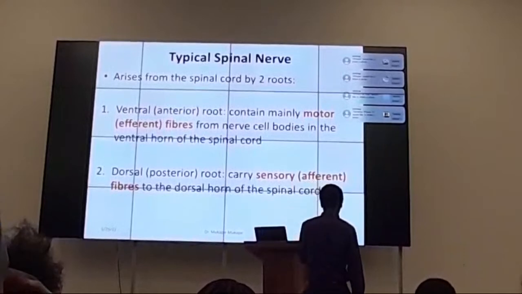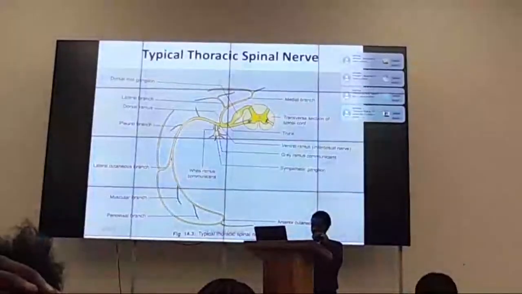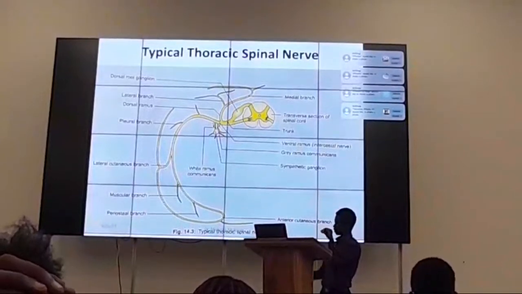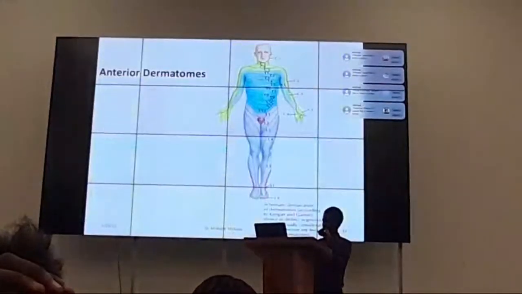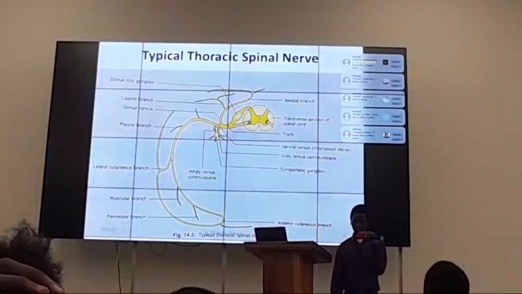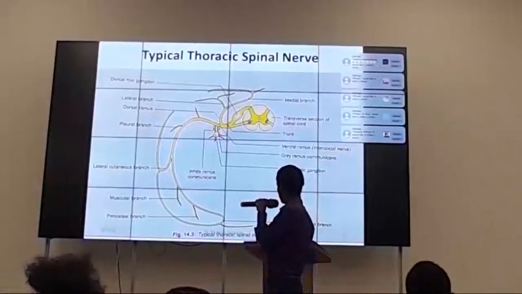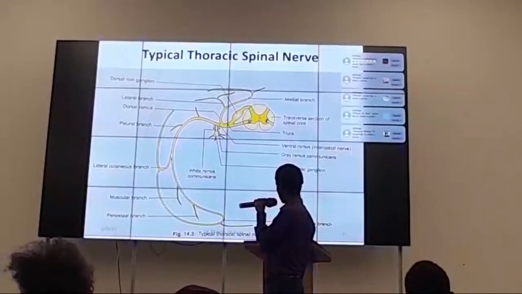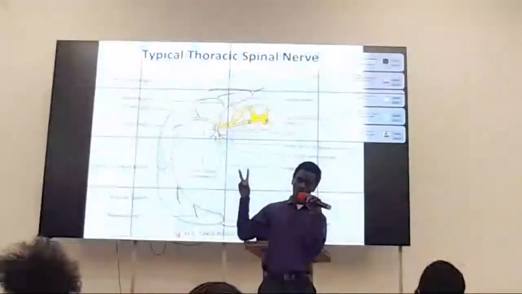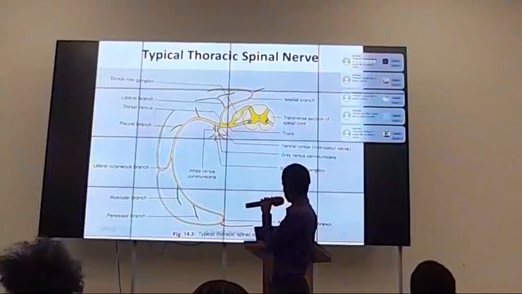What are they, anatomically speaking? A typical spinal nerve has the following structure. This is one simplified diagram, then we'll look at the other one. A typical spinal nerve is formed by the fusion of two roots, the ventral root and the dorsal root.